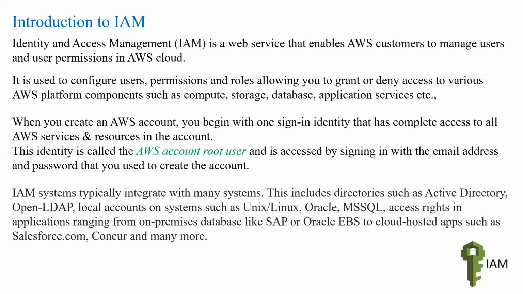This includes directories such as Active Directory, Open LDAP, local accounts on systems such as Unix or Linux-based systems, Oracle, MySQL, access rights in applications ranging from on-premises databases like SAP or Oracle EBS to cloud-hosted apps such as Salesforce.com, Concur, and many more.